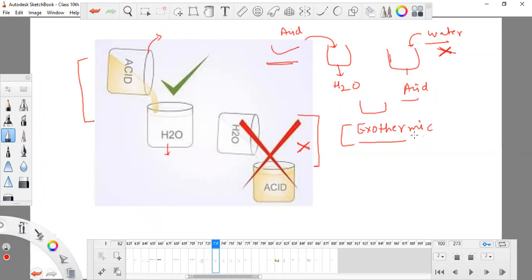Remember that as both of these reactions are exothermic, dilution of acid is exothermic, so definitely it will create heat whenever we dilute. Okay, it will create immense heat. Now remember that when there is a huge amount of water here, it is full of water, and we want to mix acid with water and we pour this acid in a very little amount.